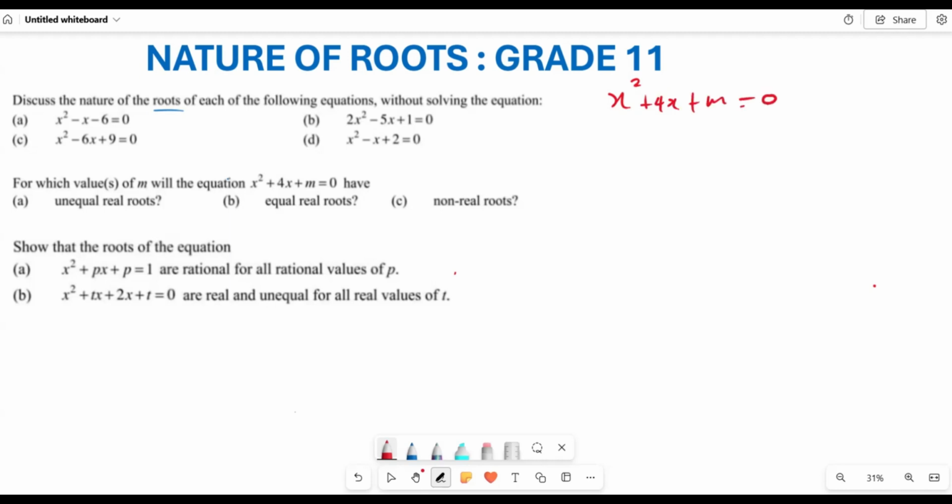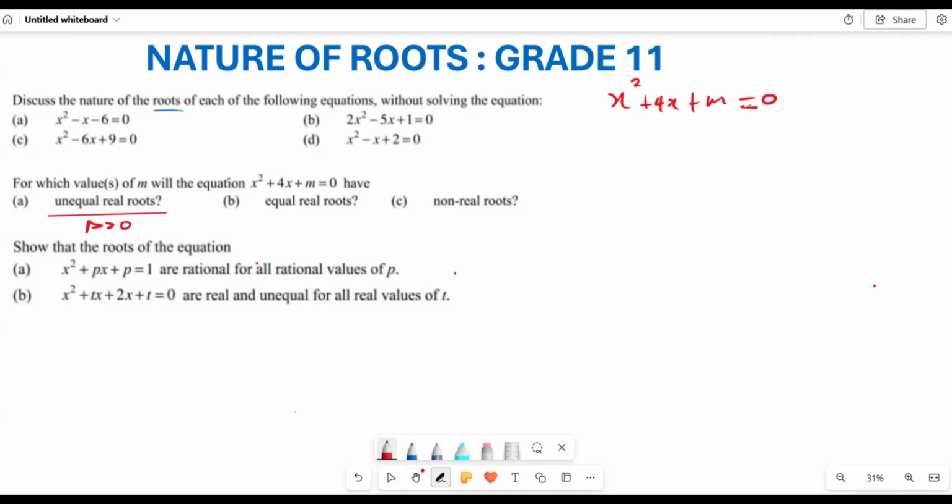Now I want you to understand this. They are saying to have unequal real roots. So they say for which values of m. Now I want you to look at something very carefully here. When we are looking for unequal real roots, this is where your delta is greater than zero.